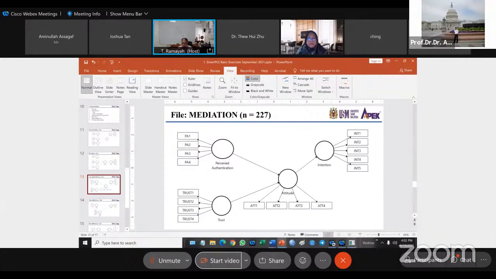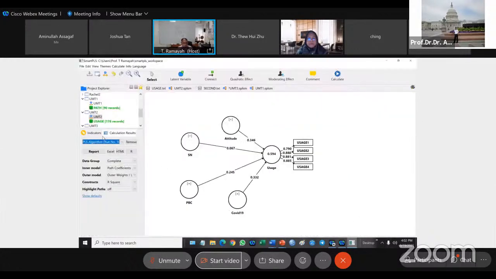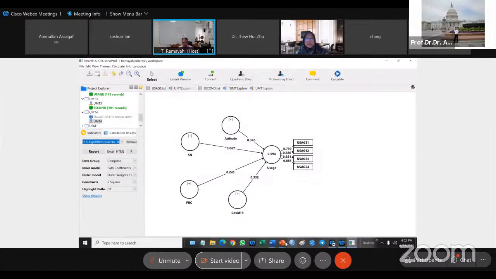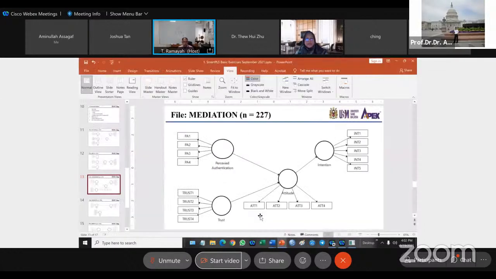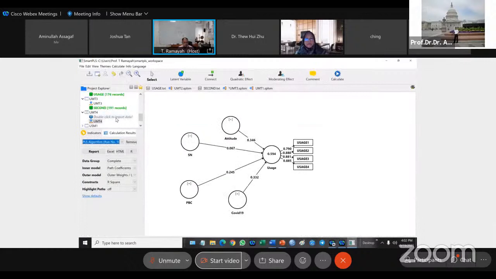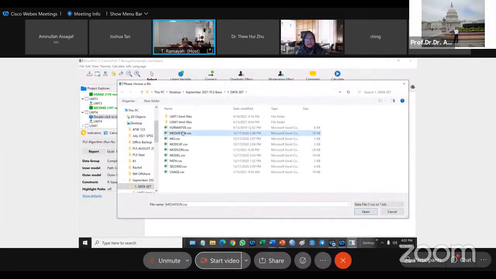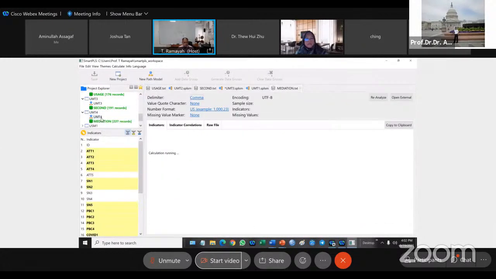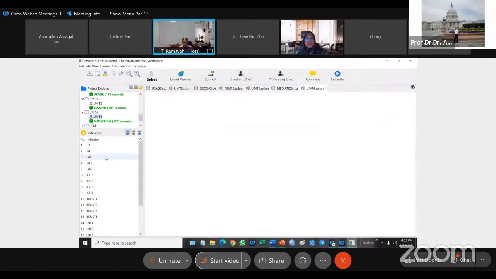So we will start a new project, UMT4, and attach the data file called mediation. We have two independent, one mediator and one dependent. Open the file, and these are the variables.